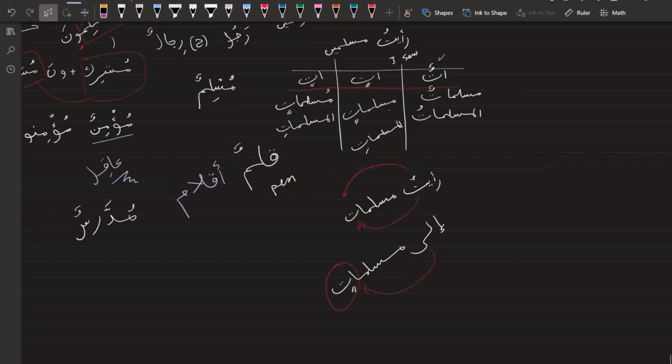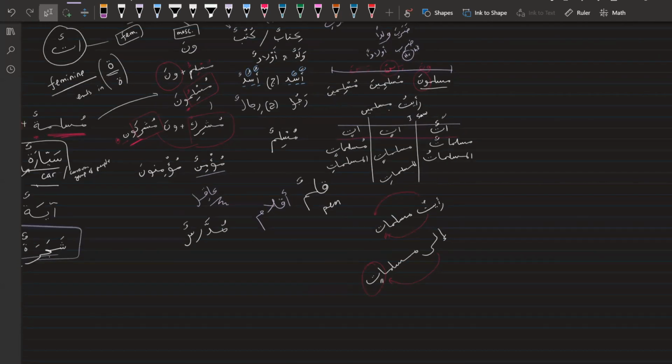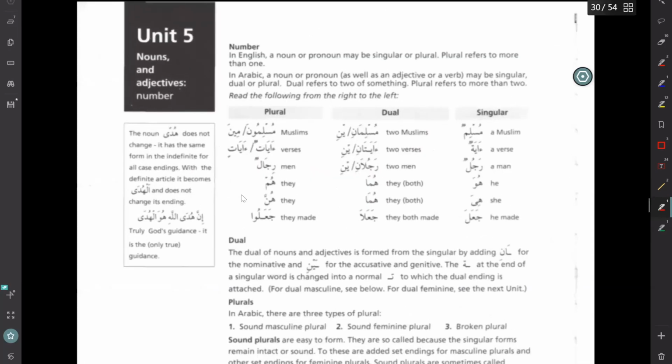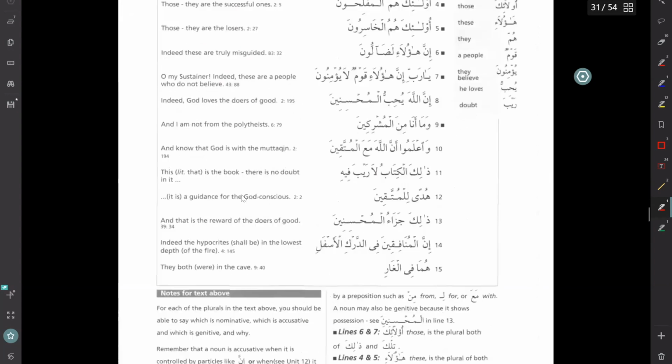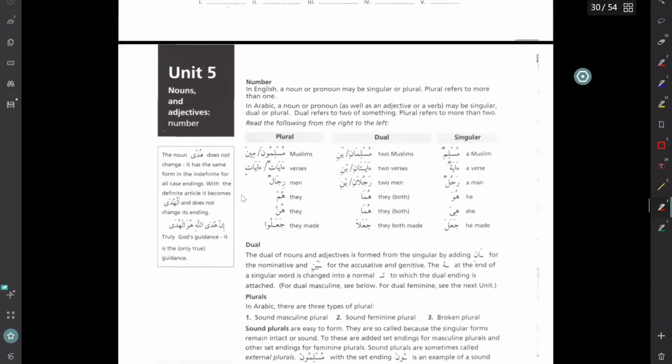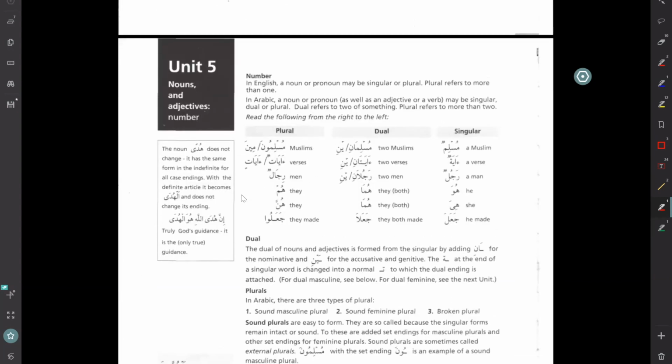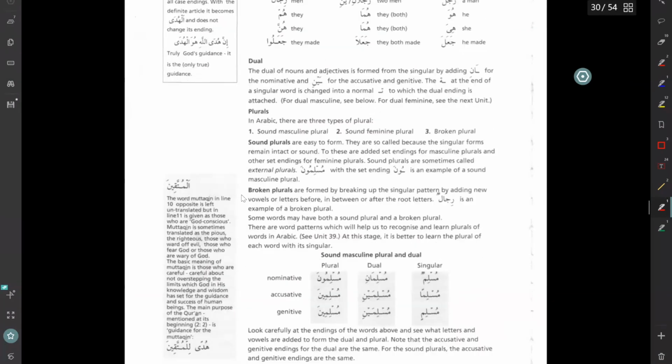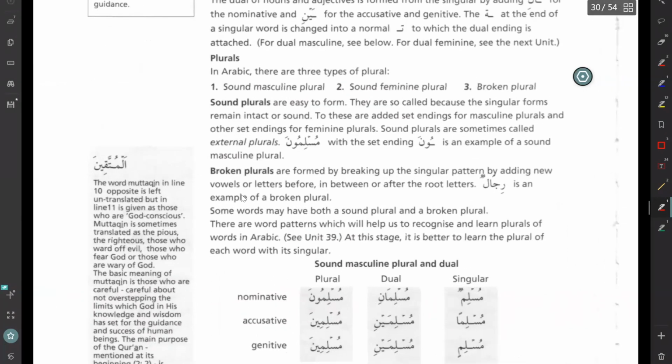Right now, I think I've given you two chapters. Let me quickly show you where we are, and then inshallah we will wrap up. So unit number 5 and number 6. Remember, don't think we're in unit number 5 and 6 because we have done other units. We have done, I think, unit number 10 or something else, right? So we're not following the book in terms of the way it's organized. Next time we will go through these chapters.